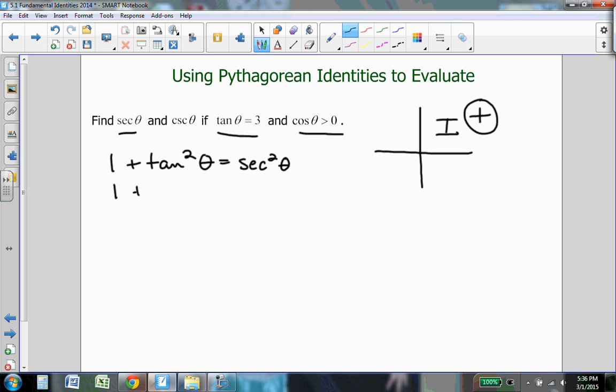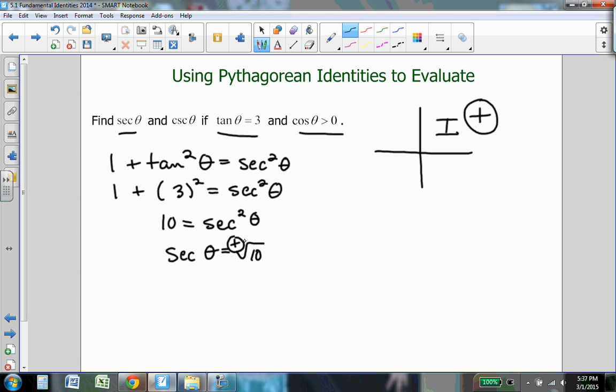So then 1 plus 3 squared equals the secant squared theta. And that all together is 10. And that is our secant squared. Therefore, our secant value is the square root of 10. Again, we don't have to worry about this being plus or minus. It's just positive because we are in the first quadrant.